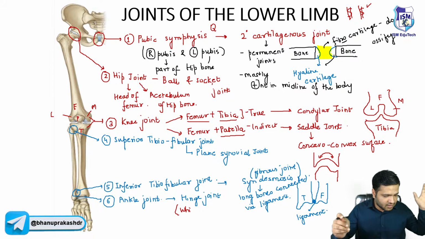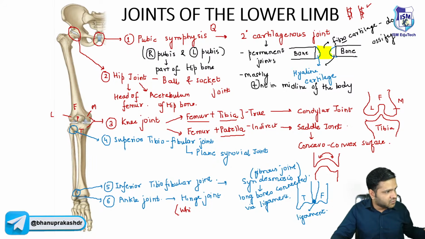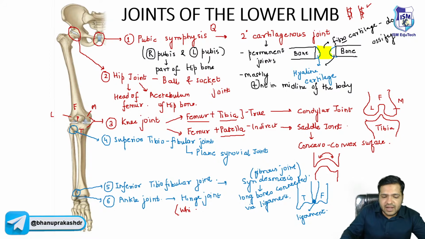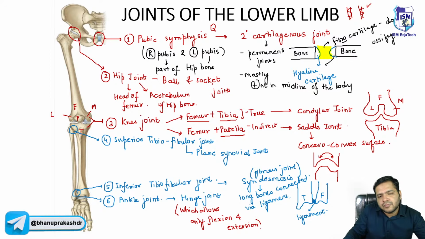Like a door can either go away or come closer, in one direction. The movement is only in one direction, which allows only flexion and extension, beta.